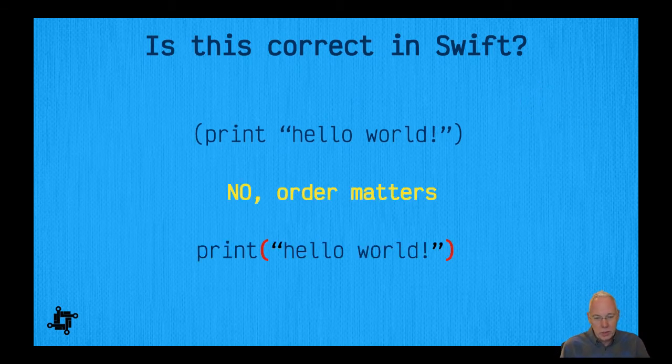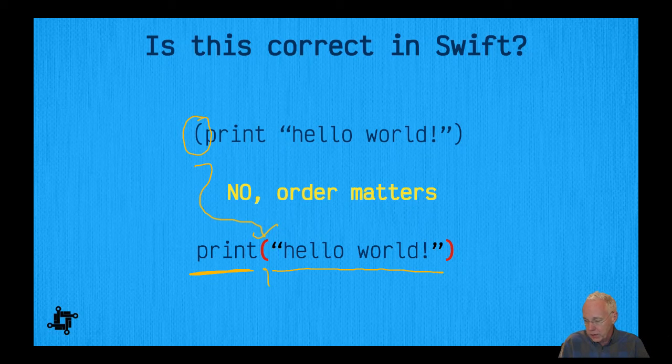So if we look at this more closely, it really is now just a question of order matters. What we did is we essentially started out with this parenthesis, open paren, too early, right? It really needs to come after the print because this is our print statement. And then what comes in between the two parentheses is what's actually going to be printed.